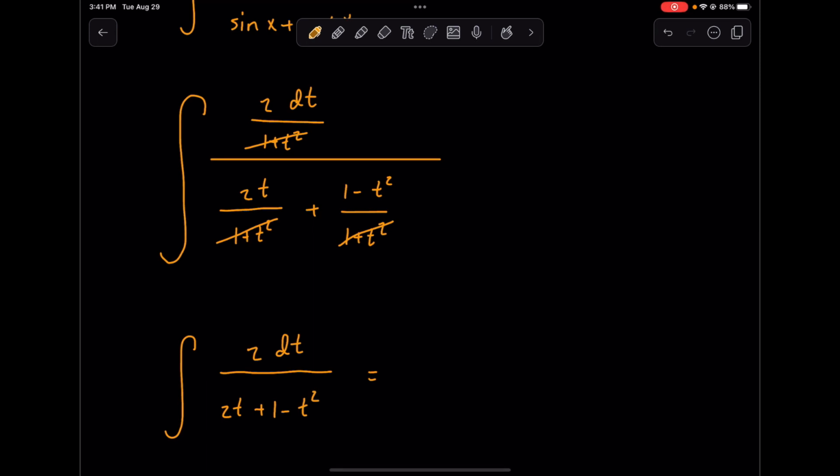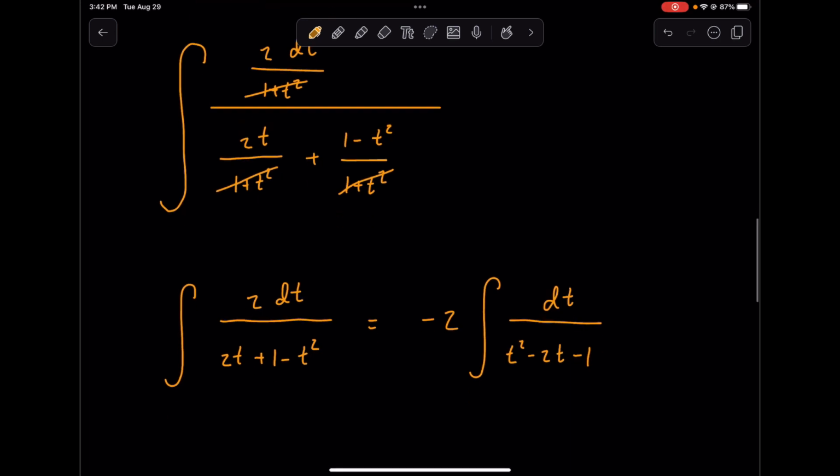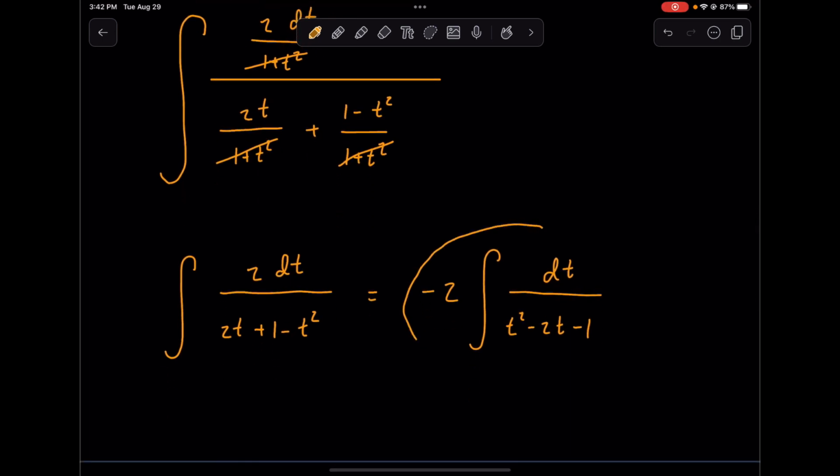We could rewrite that as negative 2, pulling out the negative and the 2, and we have dt over t squared minus 2t minus 1. I'm actually going to stop here, but you could integrate this using partial fraction decomposition.